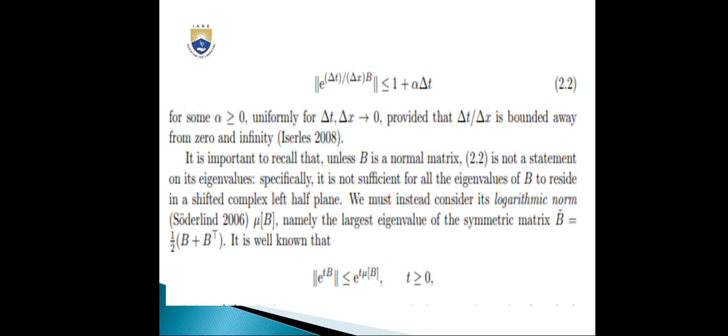alpha Δt for some alpha greater than or equal to 0, uniformly for Δt, Δx tending to 0, provided that Δt/Δx is bounded away from 0 and infinity (Iserles 2008).